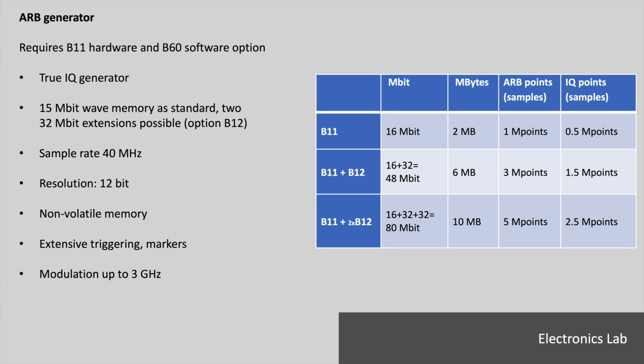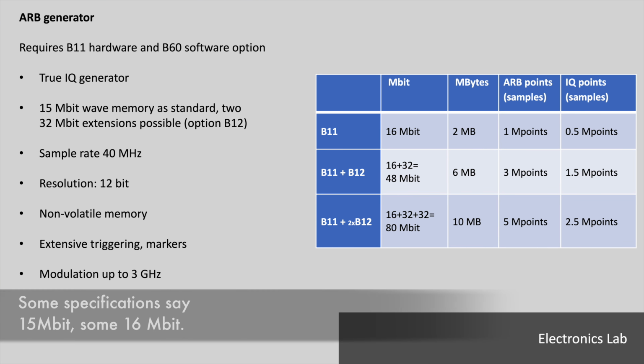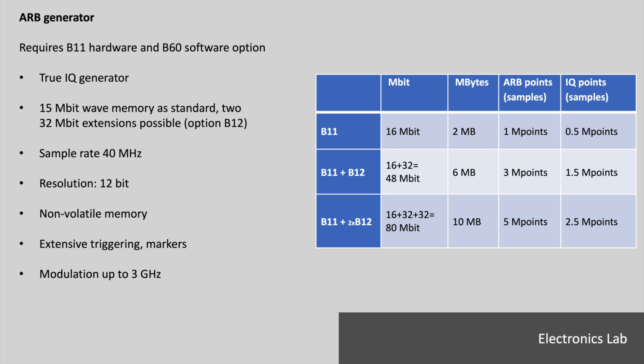If we look at the memory, we have 15 megabit wave memory as standard built into the device, and you can add up to 2 additional memory modules, each of them 32 megabit. On this table you see how that memory works, and you have to take care how exactly it is implemented, because it's in megabit. We could translate to megabytes, more like computers.